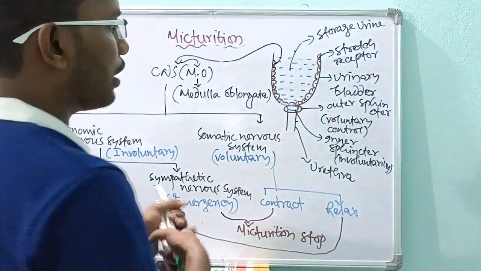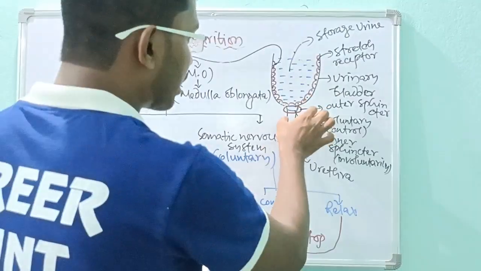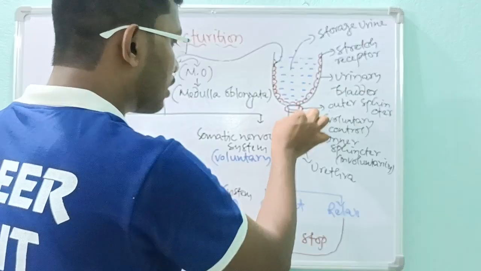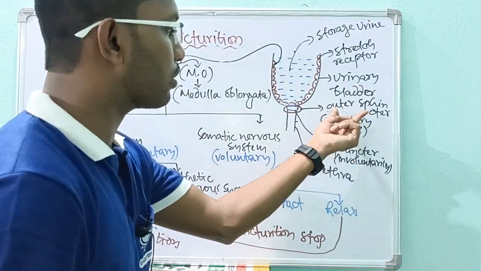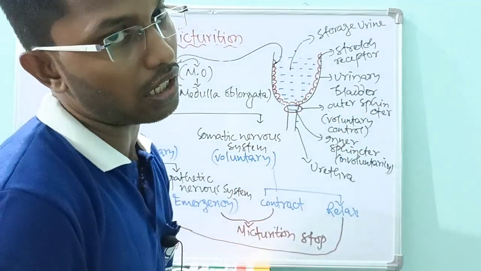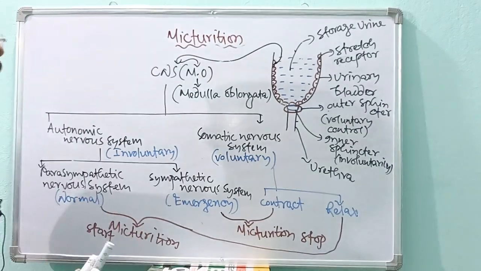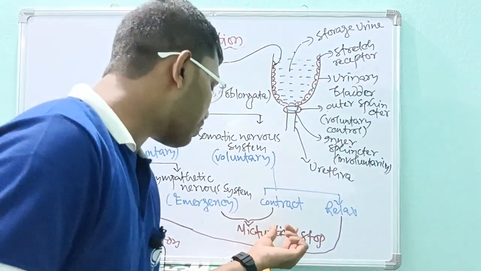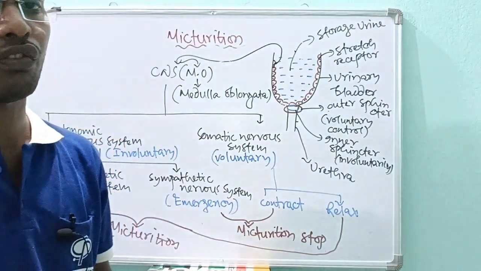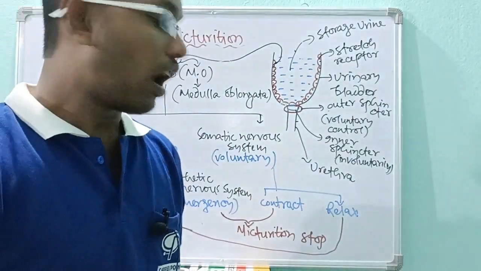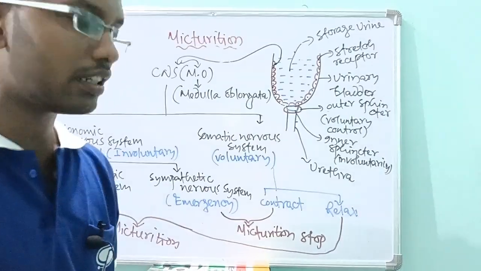That's why urine cannot pass from the urinary bladder to the urethra, because of the closing, or contraction, of the outer sphincter. So because of the combination of the two mechanisms, the process of urination will be stopped. So how will the micturition process be started?